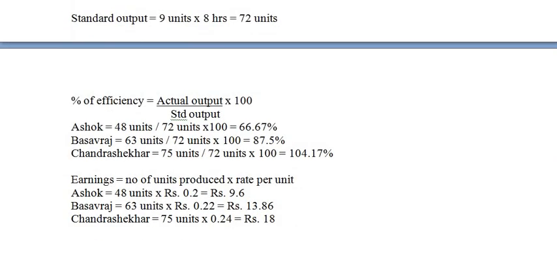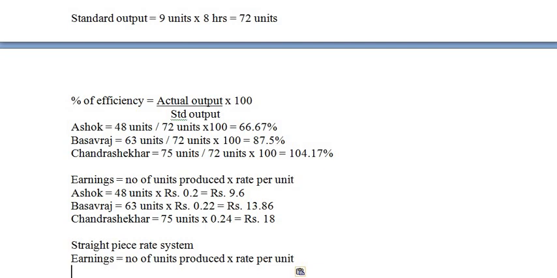They have asked us one more method, that is straight piece rate system. So next line, write down straight piece rate system. Under straight piece rate system, the formula is same, that is number of units produced into rate per unit. Ashok, he has produced 48 units into.